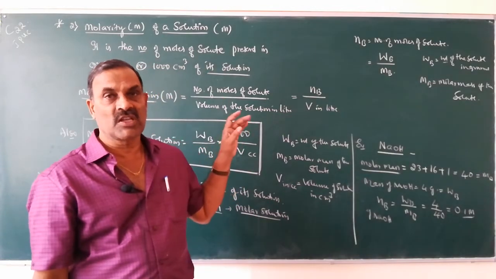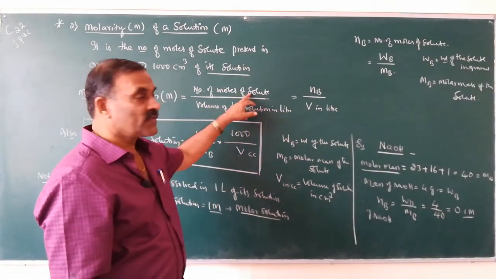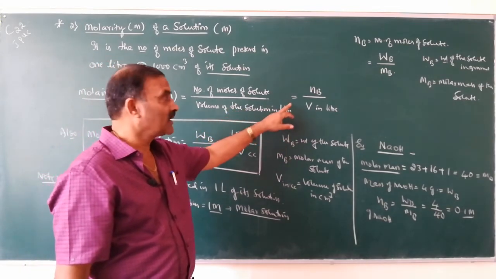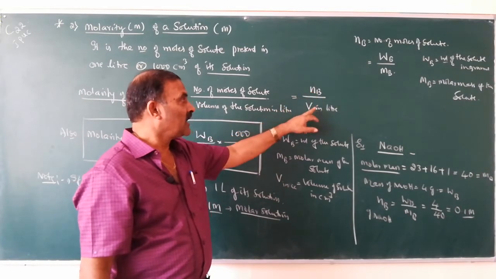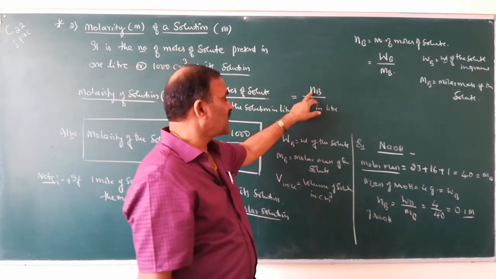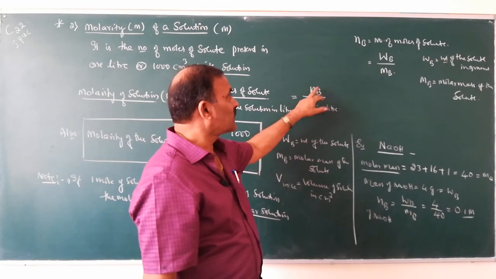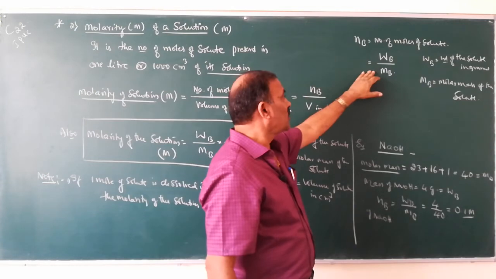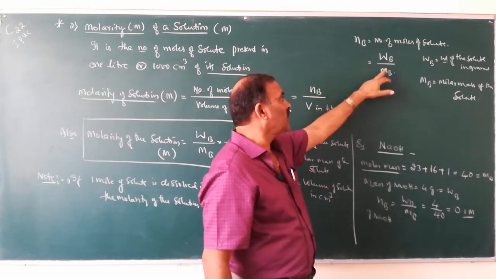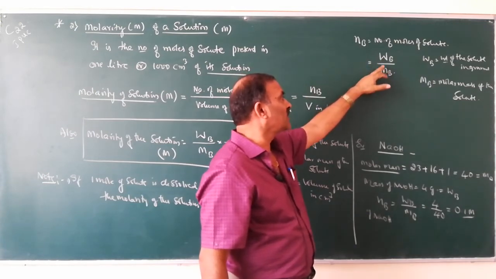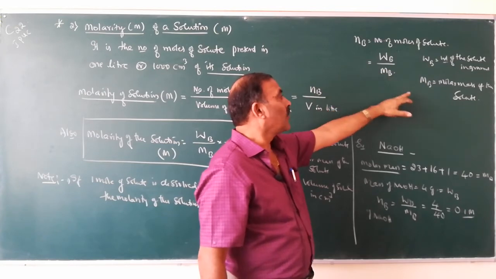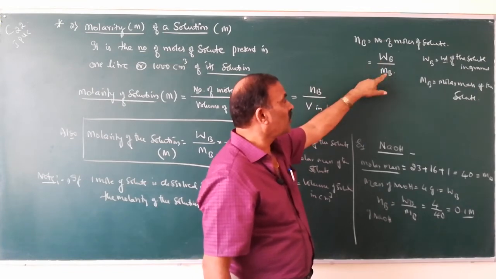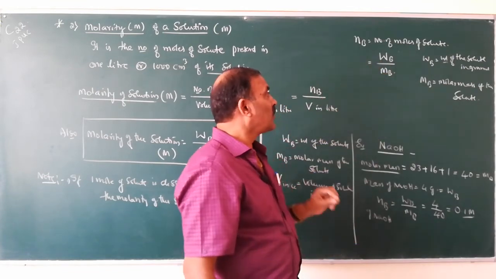So molarity of solution equals number of moles of solute divided by volume of the solution in liter, that is equal to NB divided by V in liter. What is NB? Number of moles of solute. Number of moles of solute can be determined by the formula WB over MB. WB is weight of the solute, MB is the molar mass of the solute.